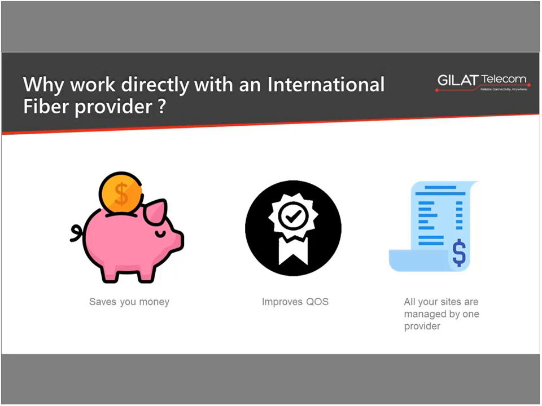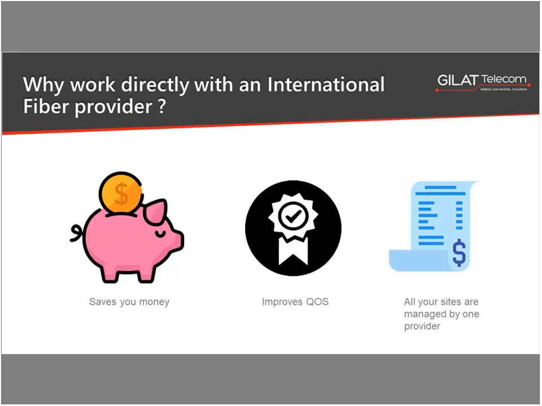We can actually save you some money because we have plans for NGOs and plans for companies that take services from us in more than one location. We can improve the quality of service. And the best thing, in my opinion, if I'm a network manager, is that I have one provider taking care of all my networks, whether it's satellite, or fiber in 1 country, 5 or 10 countries. You're getting everything from one provider.